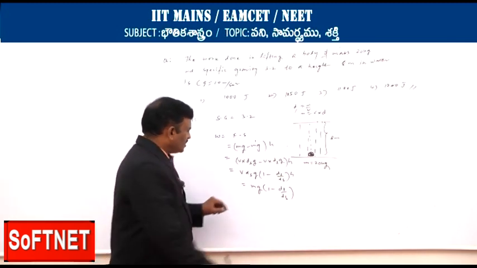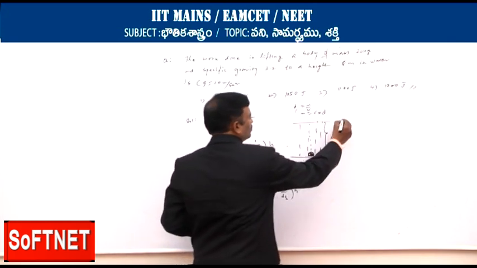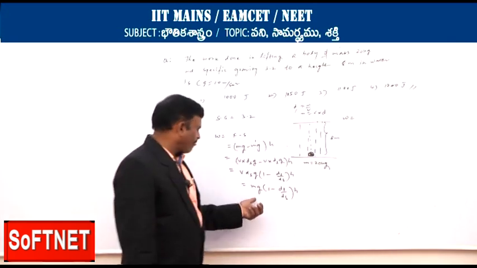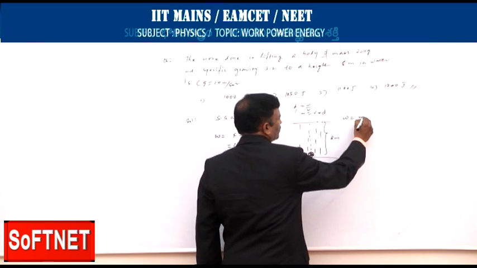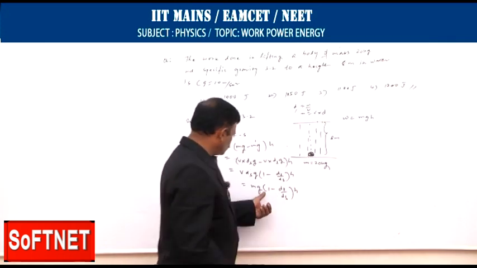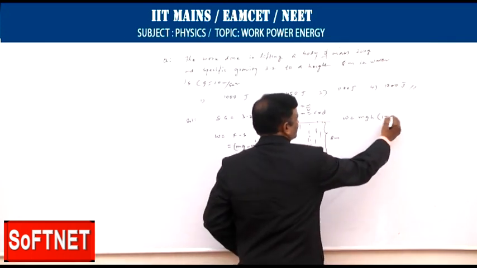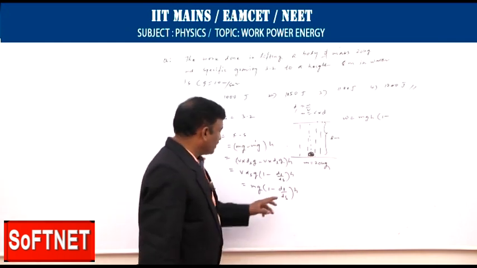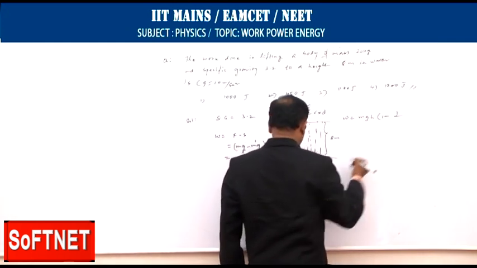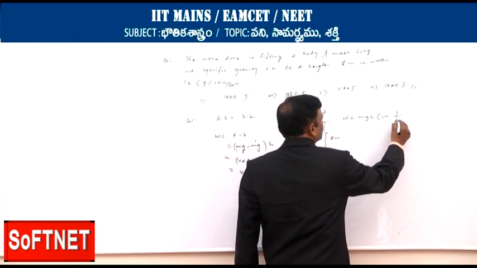Now the work done W is equal to mgh into 1 minus dl by ds. I can write dl by ds as 1 by ds by dl.